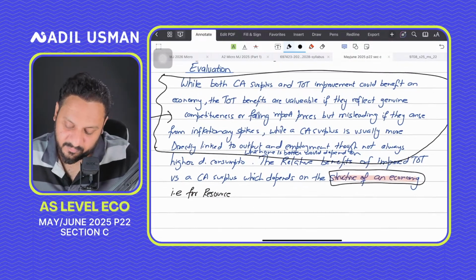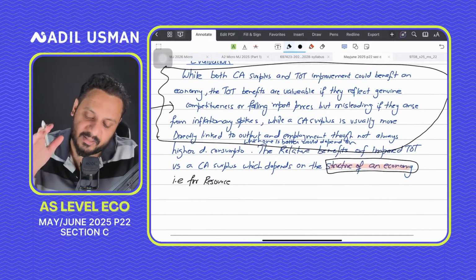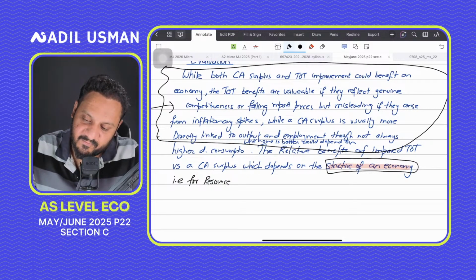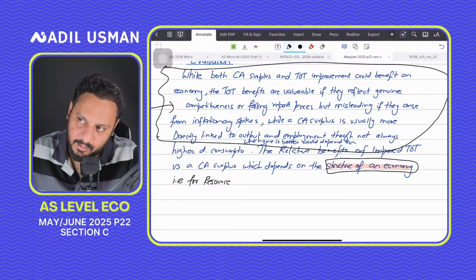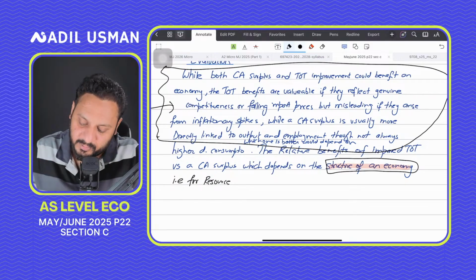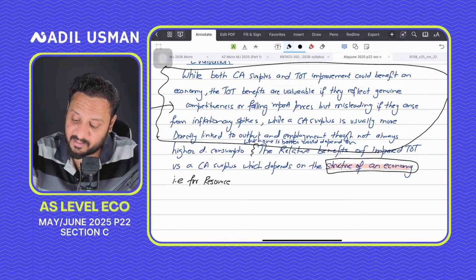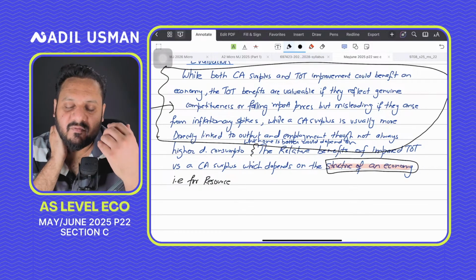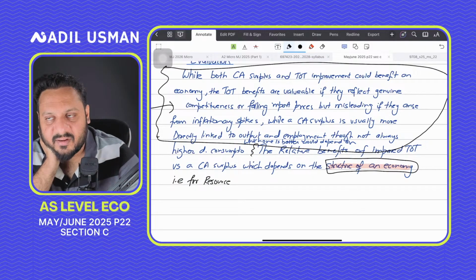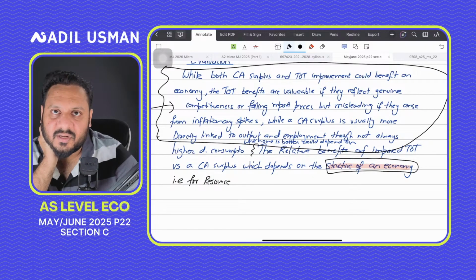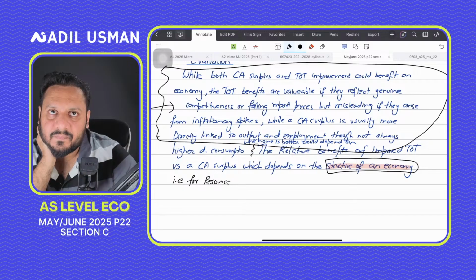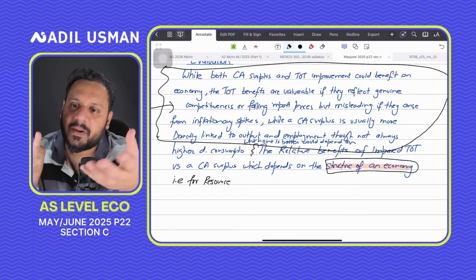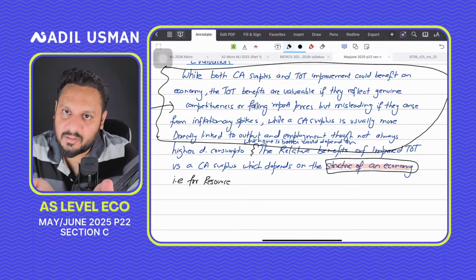You can directly start the evaluation by saying that while both current account surplus and terms of trade improvement have pros and cons, which one is more beneficial depends on the relative benefits of improved terms of trade versus the current account surplus, which depends on the structure of the economy. As in, if we compare the benefits of TOT with the current account surplus and want to conclude which is more beneficial, that would depend upon the structure of the economy, right? That's what I'm saying.